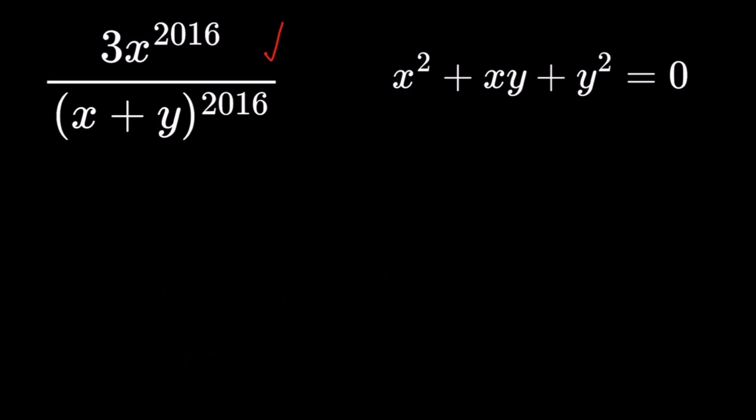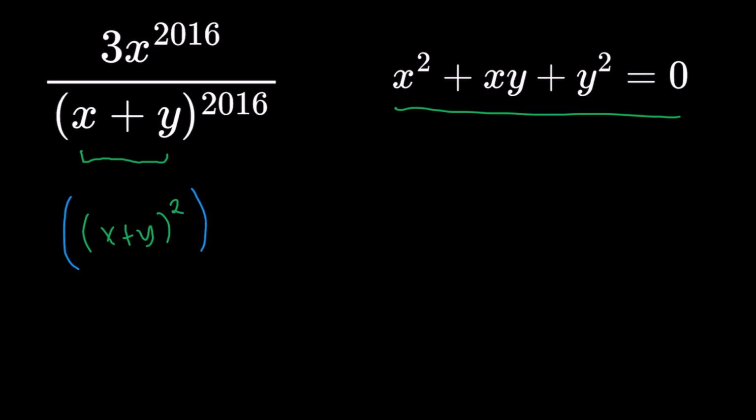Now, let's try to deal with the bottom one because, yes, I didn't replace y with x, because I'm not saying that y is equal to x. So maybe we could do something different here. If I take the square of x plus y and then raise it to the 1008 power, that's going to be the same as taking x plus y raised to 2016.